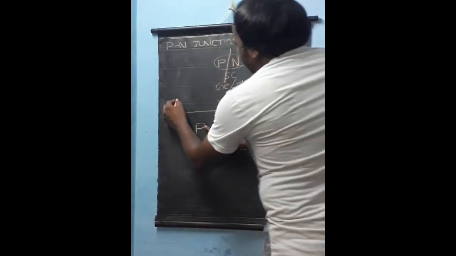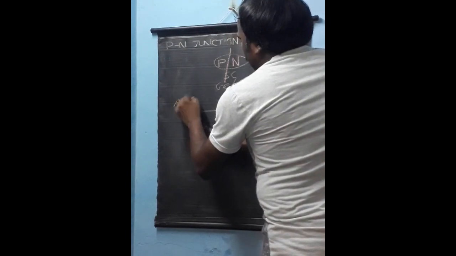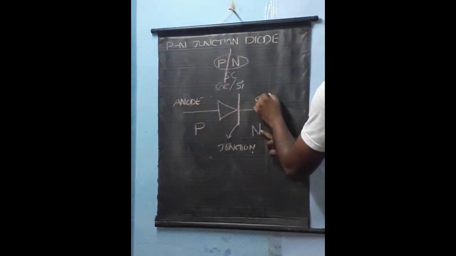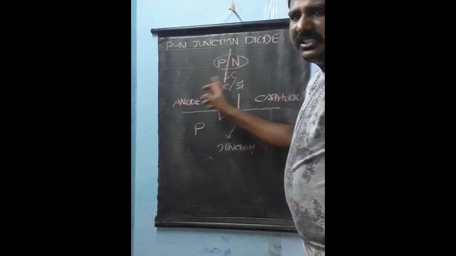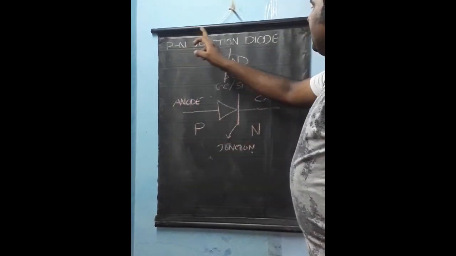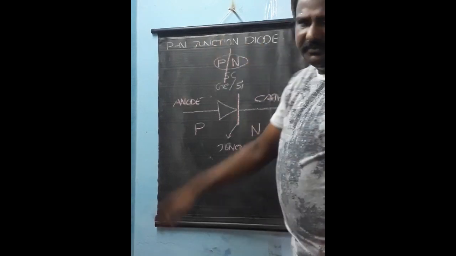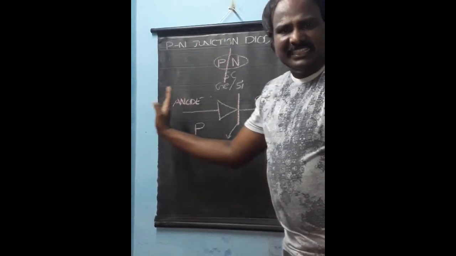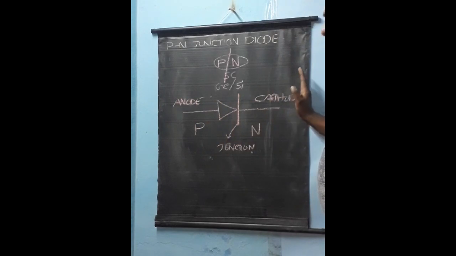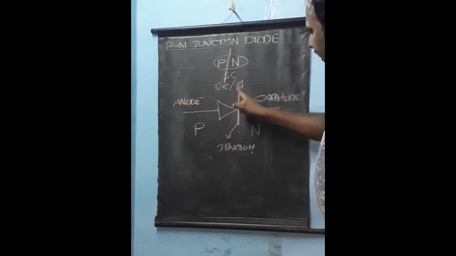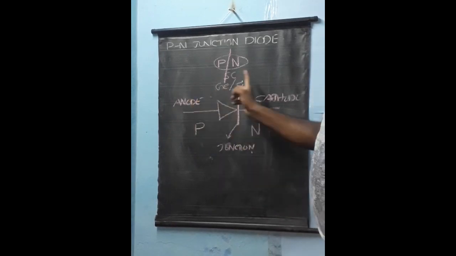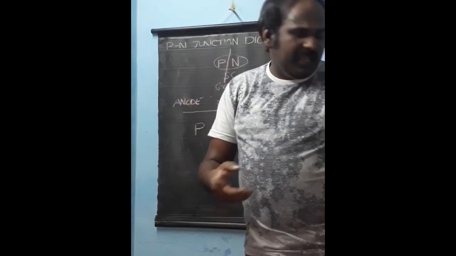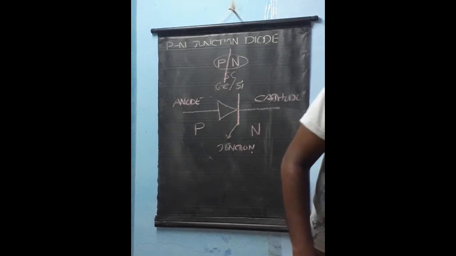P acts as anode and N acts as cathode. Both are separated by a junction, hence it is called PN junction diode. In such a way, we show the symbol for PN junction diode.